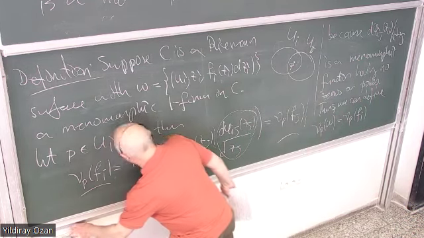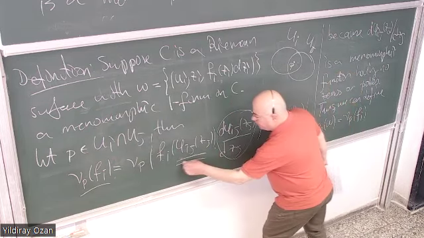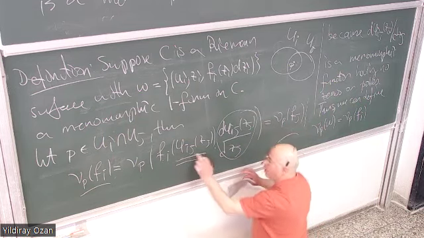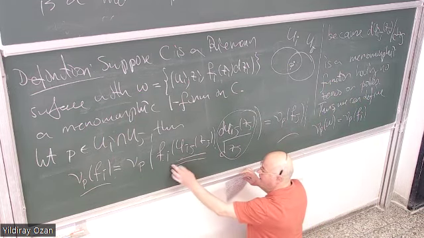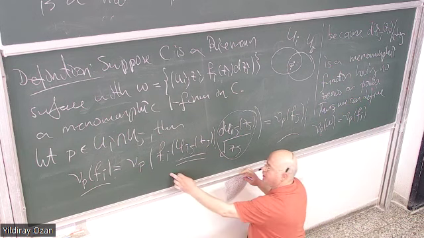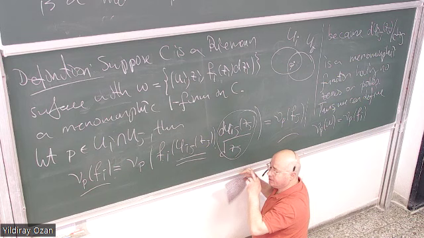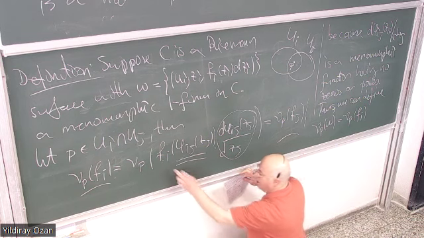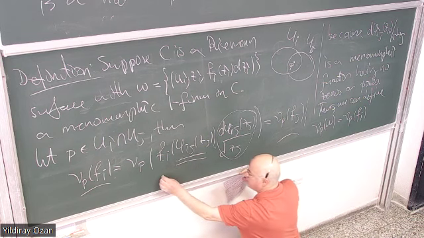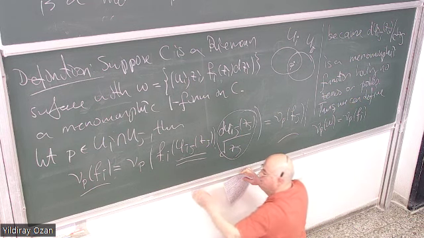So what is the danger here? The multiplicity of this gadget. How do you check the multiplicity? You write this in a coordinate system as a series in z, and the multiplicity is given by the first non-zero term.